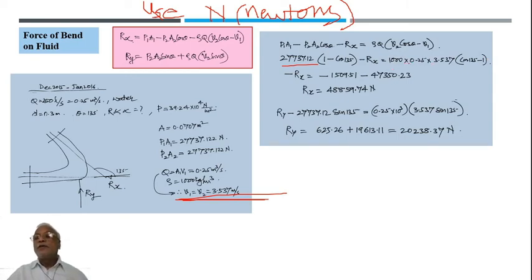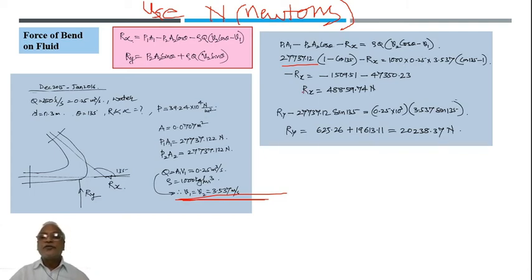Now why have I not divided by 10 raised to 3? Obviously because we have taken it in newtons. There is no need of converting newton into kilonewton. In the earlier problem I divided by 10 raised to 3 only because it was in kilonewtons, we wanted to convert that into kilonewtons.